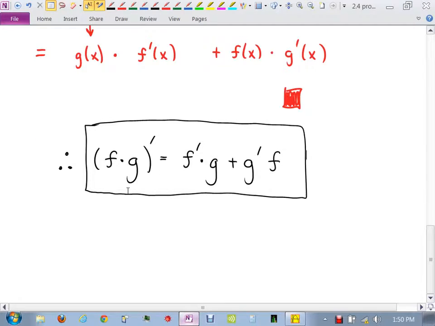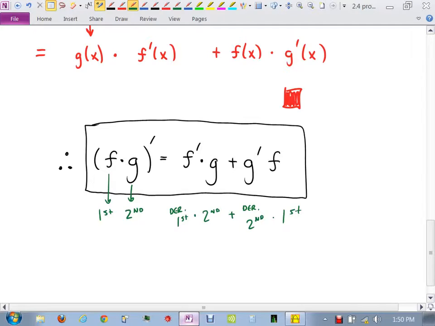Another way to say this is if f is our first function and g is our second function, then it's the derivative of the first one times the second plus the derivative of the second one times the first, isn't it?